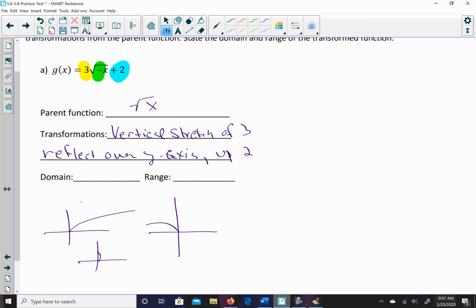It should go like this. So sorry, ignore all that. So then my domain is going to be all negative numbers, from negative infinity to 0. And my range, normally it would start at 0, but because of this plus 2, it's going to start at 2, and I am going to include 2, so I'm going to put a bracket. And then I'm going to go to positive infinity, which is going to be a parenthesis.